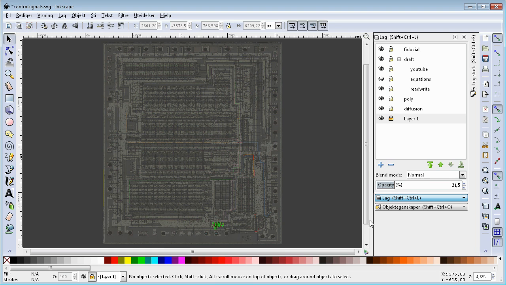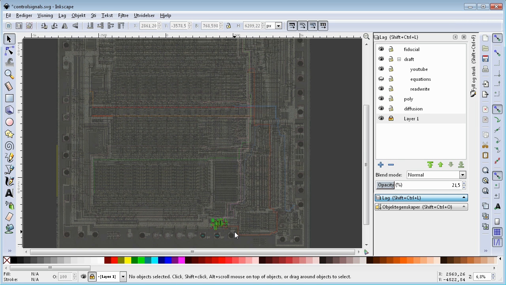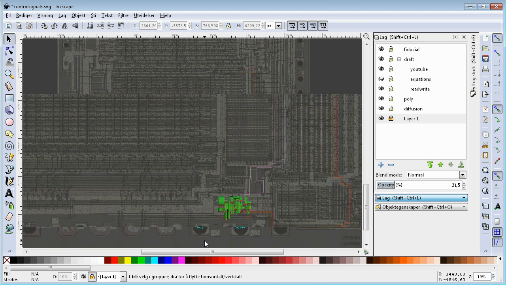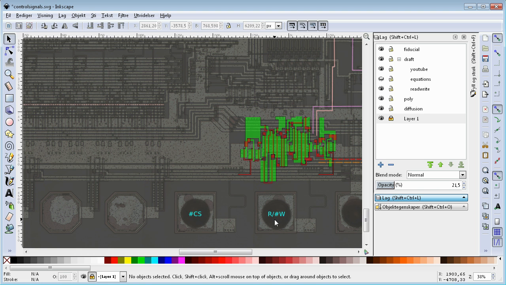So I wanted to talk about control signals and how to make these logic equations. To write into the registers, the CPU needs to set the chip select and the read and write line.